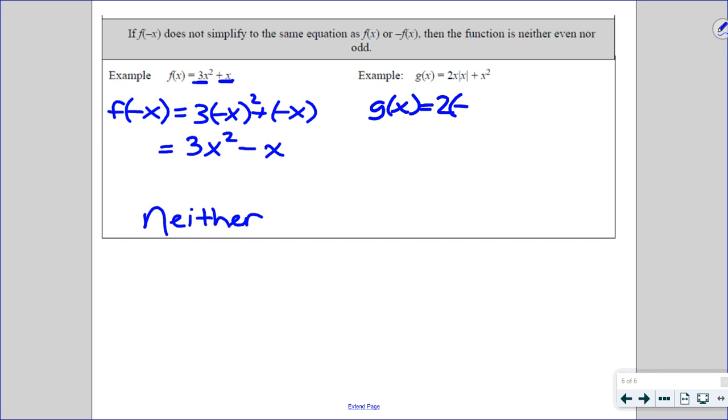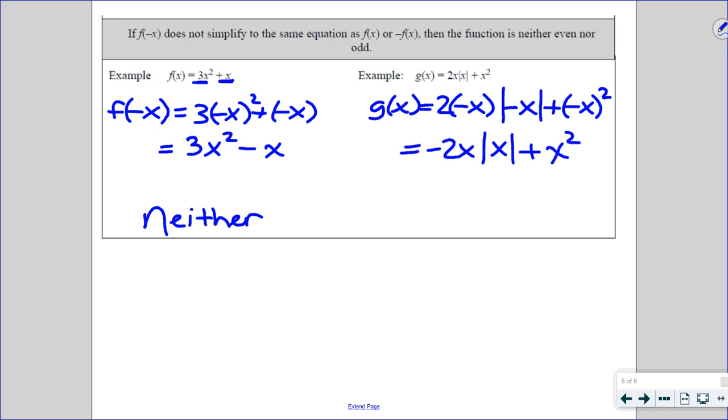Okay, let's look at g of x. Again, replace x with negative x. Simplify. 2 times negative x is negative 2x. If I have the absolute value of negative x, that would be the same as the absolute value of x, plus negative x squared is positive x squared.